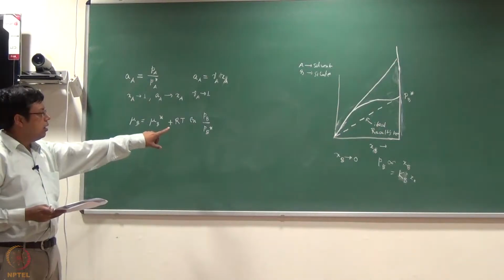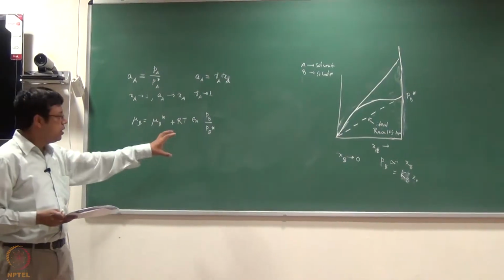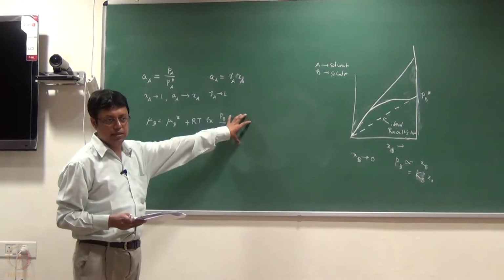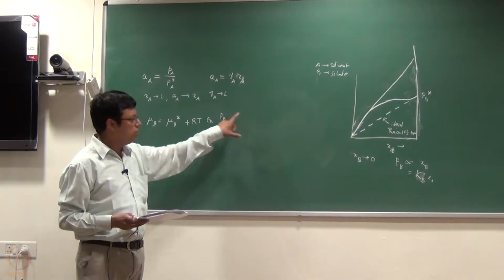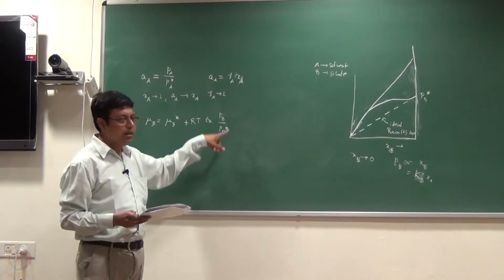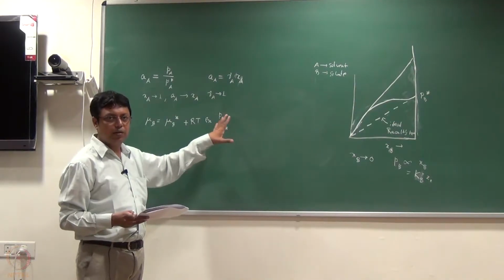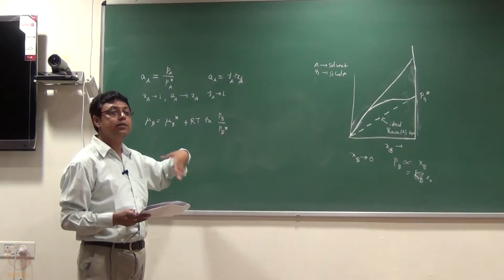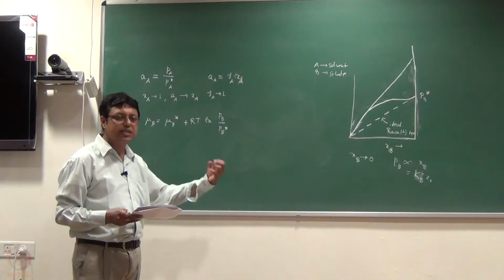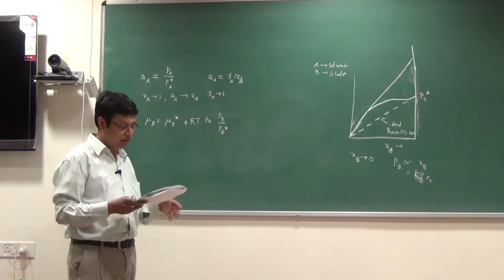For solvents, we wrote this as xA. If B is the solvent, I will write it as xB. But right now I am considering B as the solute, meaning B is the component which is less.